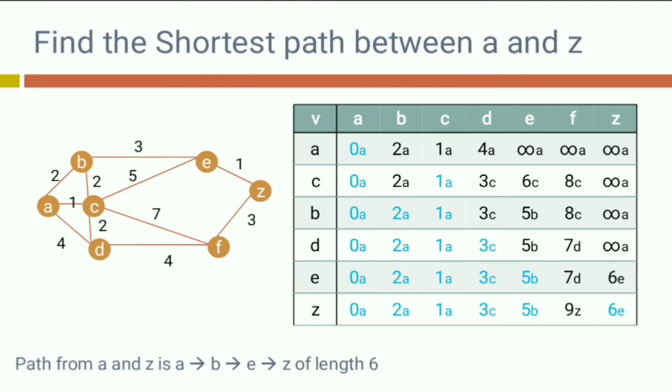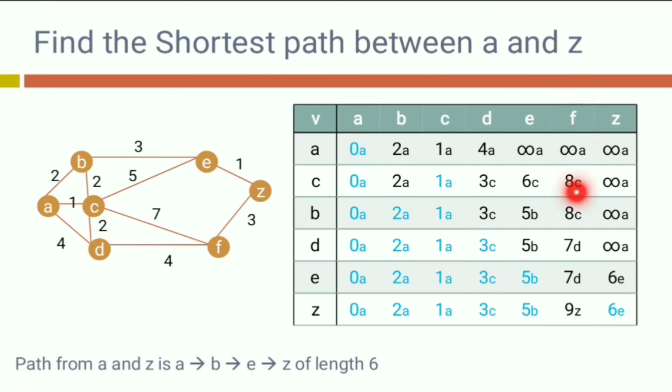Okay. If you want to find distance of any vertex in this graph from A, you can find the distance from this table. Distance of Z from A, we can see it from here, right? From Z you go to E. We are backtracking. Z to E, then E to B, then B to A. If you want to know the shortest distance of vertex F from A, then how does it go?